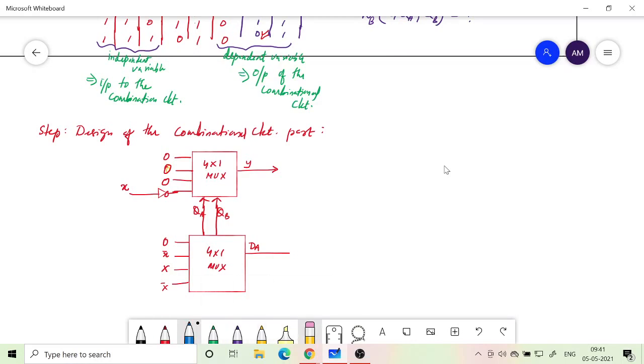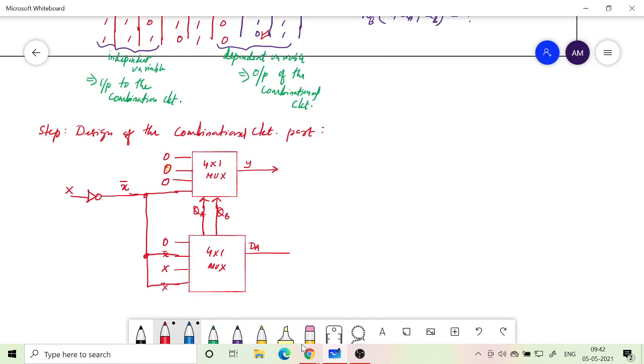So let me generate it. So this is my X bar. I can give it to all places where X bar is required. I only need one NOT gate to do that.